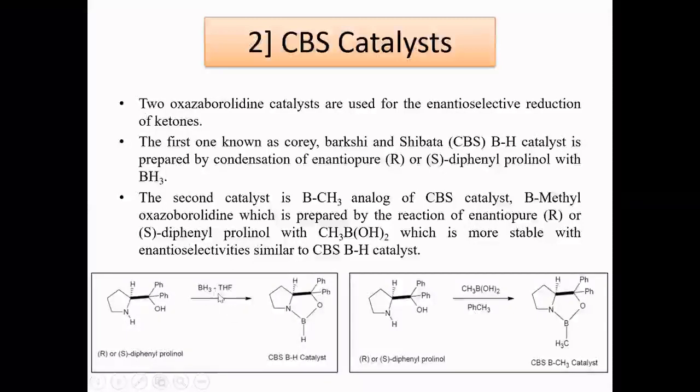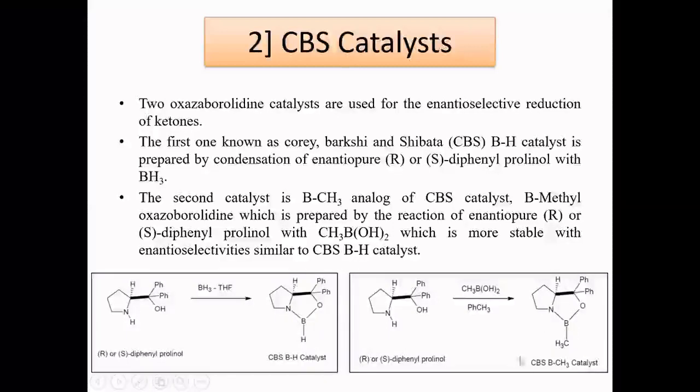So when this reaction takes place, see here there will be a reaction. Here a bond will form between nitrogen and boron, and one with oxygen. So there will be a reaction over here and I will get this CBS BH catalyst. But instead, if I use any alkyl derivative of the borane, then I will get the methyl boron catalyst.